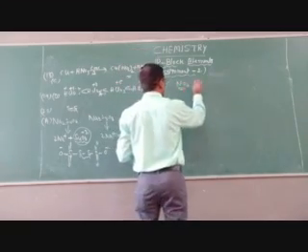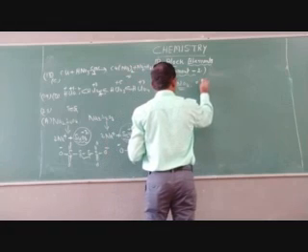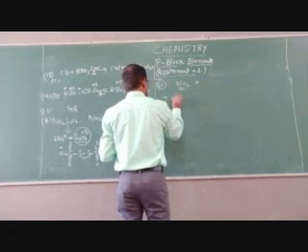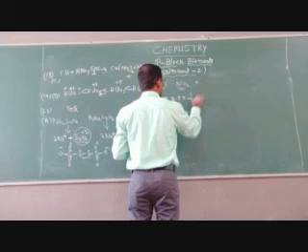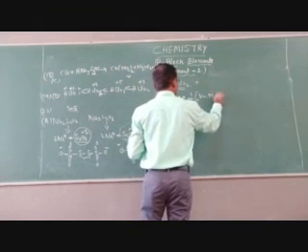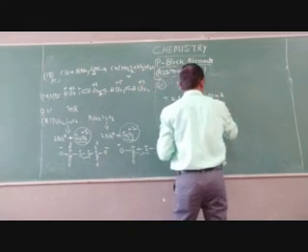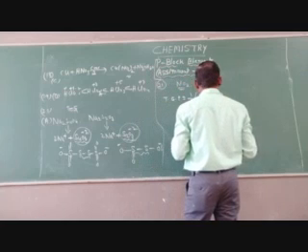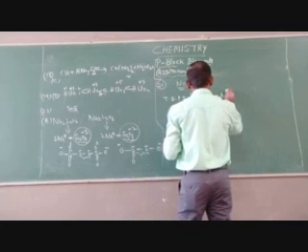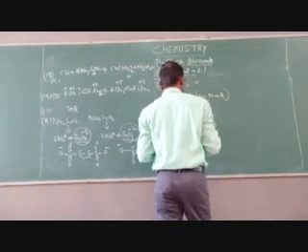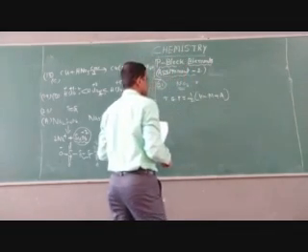How to find the hybridization? We are using one formula: total electron pairs equals 1 by 2 of V minus M plus A. Using this formula.